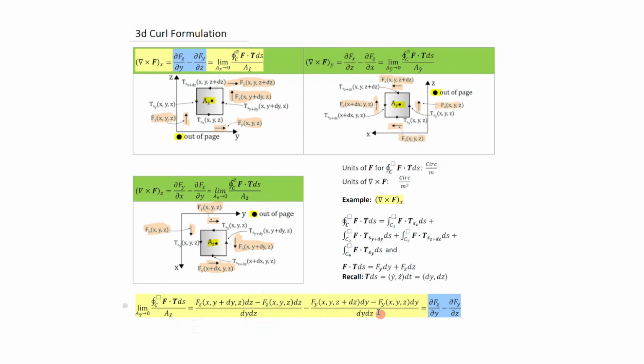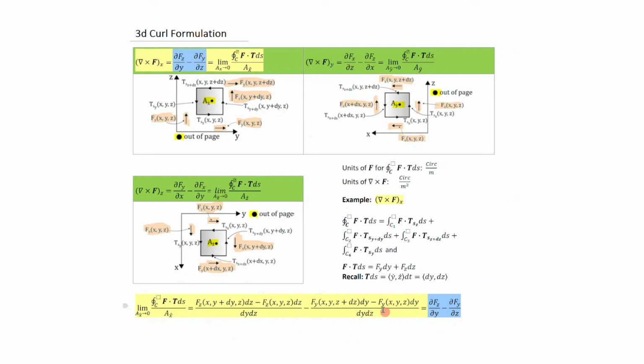And so effectively, we end up with this expression that you see here. So this is z plus dz minus z, over dz. That's Fy partial with respect to z. And dy is common to numerator and denominator. That cancels out, and you're left with minus this term here. So the minus is here, the minus is there. This is now consistent with that, and so we've proven everything's correct.